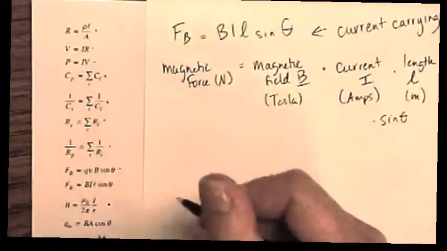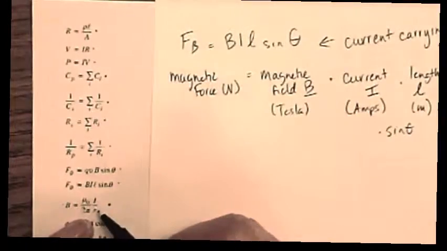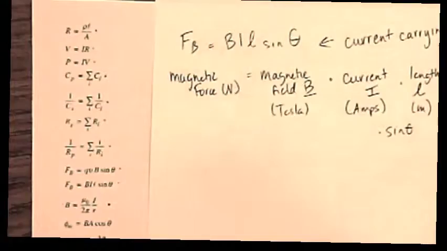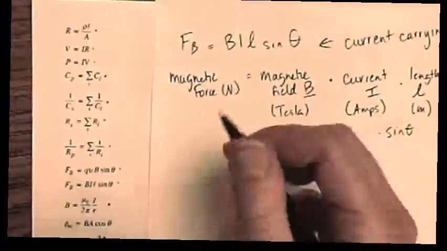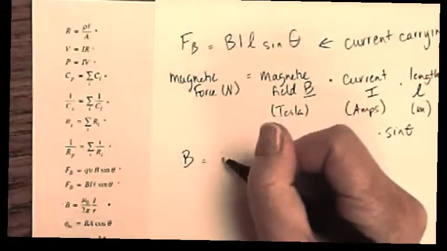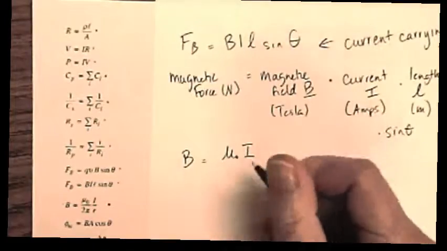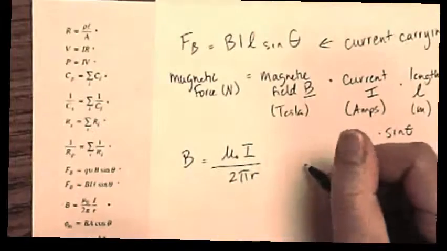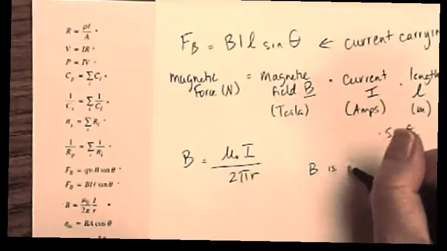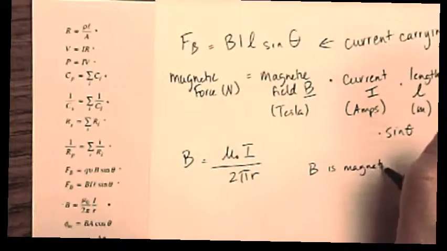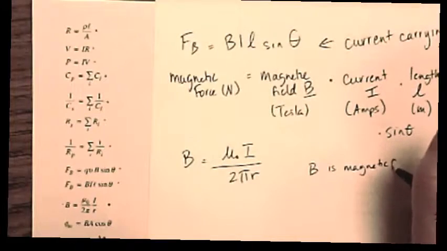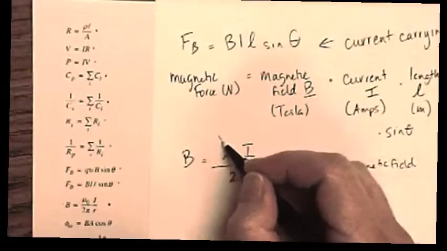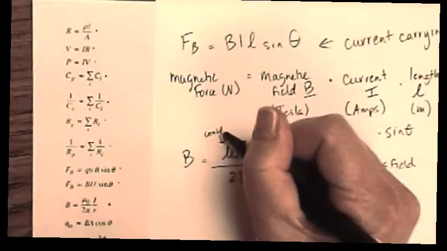Our next formula is for the strength of the magnetic field around a current carrying wire. So B is magnetic field. This mu sub naught is a constant.